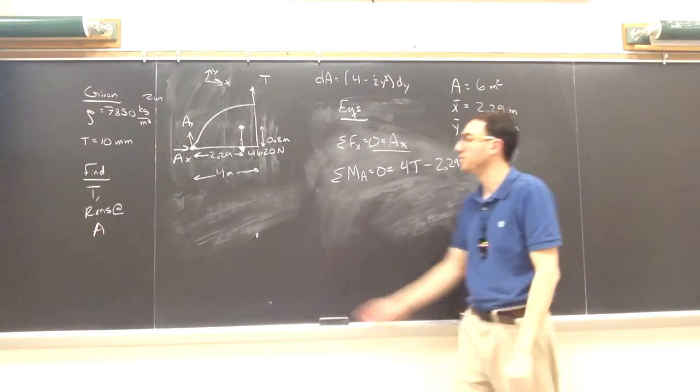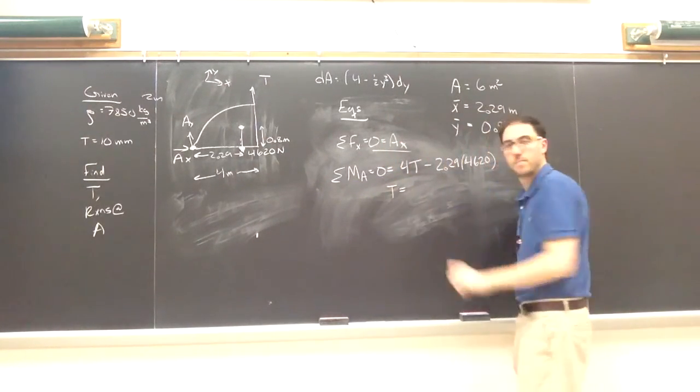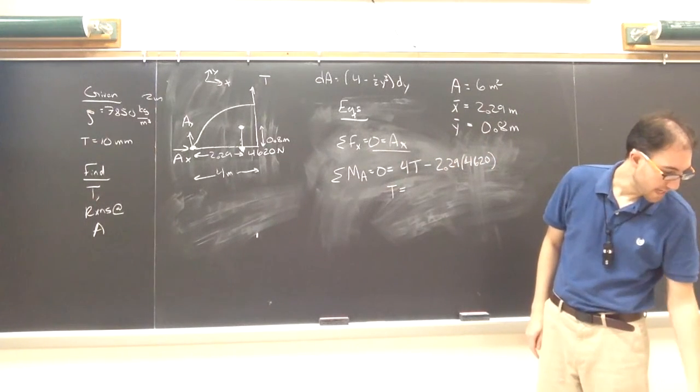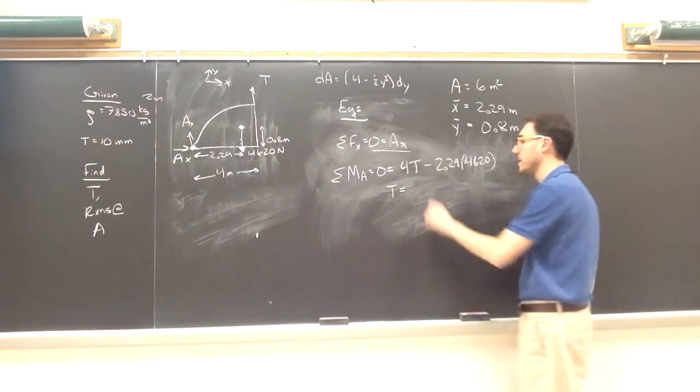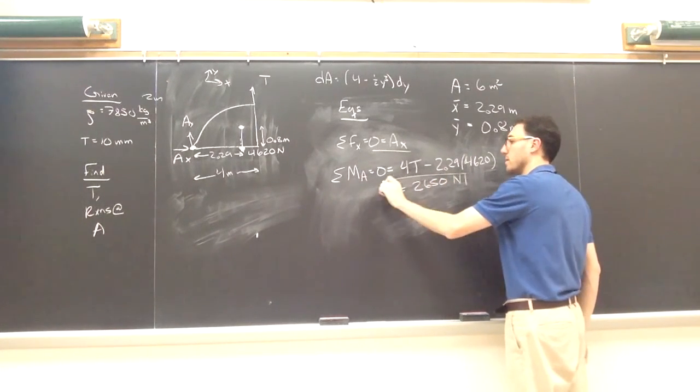And those are the only two things that cause a moment around point A. Therefore, the tension in the rope is going to be 2,650 newtons.